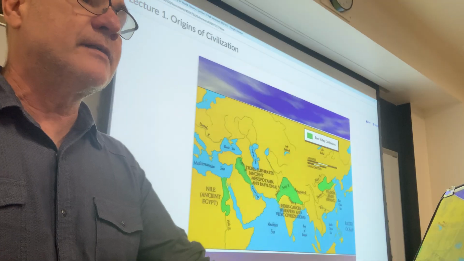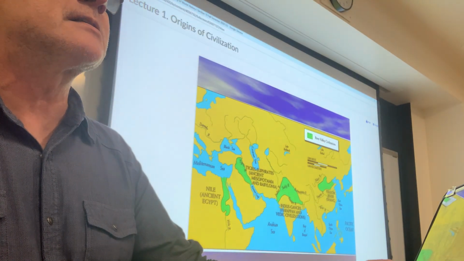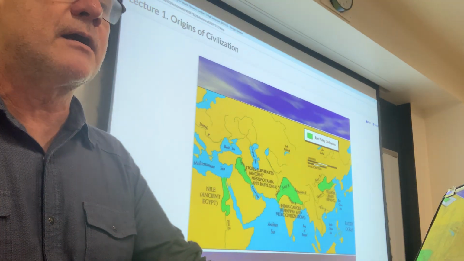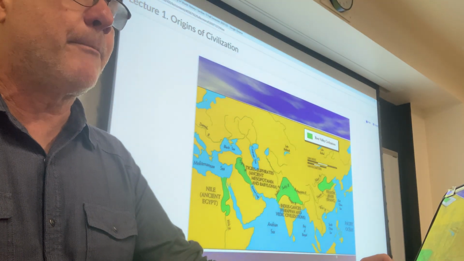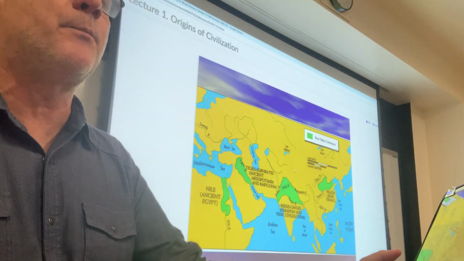The earliest civilizations, also known as the river valley civilizations: again, agriculture happened in these four areas in Eurasia independently.